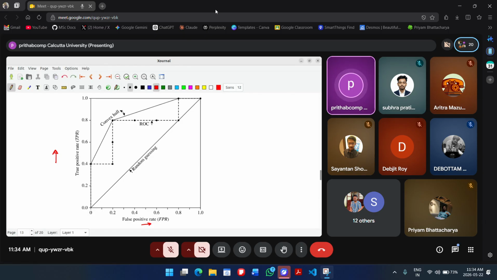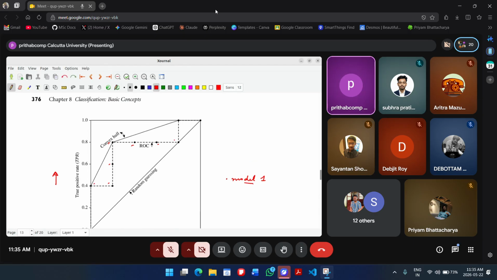Now what we plot here is a model. Let's say model 1. In model 1, what is the value of false positive rate with respect to true positive rate? These black points correspond to different models: model 1, model 2, model 3, and so on.